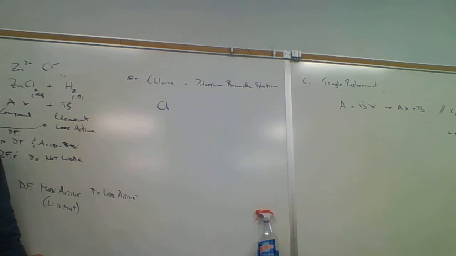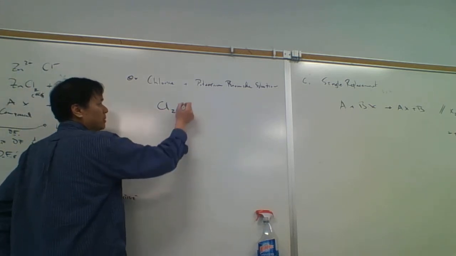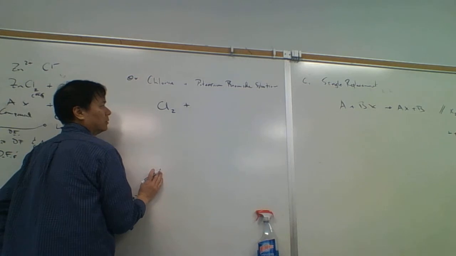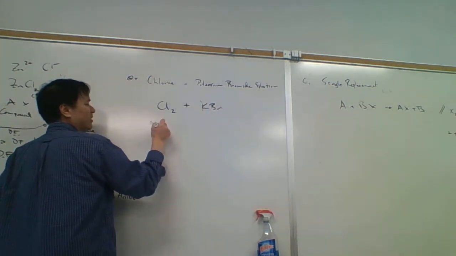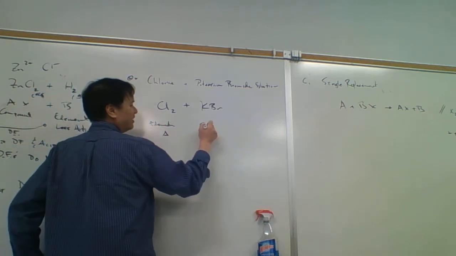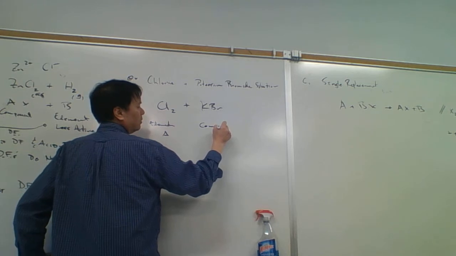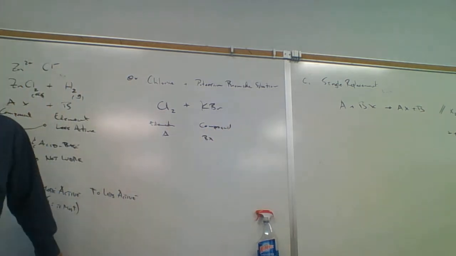Chlorine, the element, stable, or does it like to form diatomics? So chlorine's going to be Cl2. What's potassium bromide? KBr. So I see this is an element, which we call A, and a compound, which we call Bx. This is an A plus Bx type reaction.